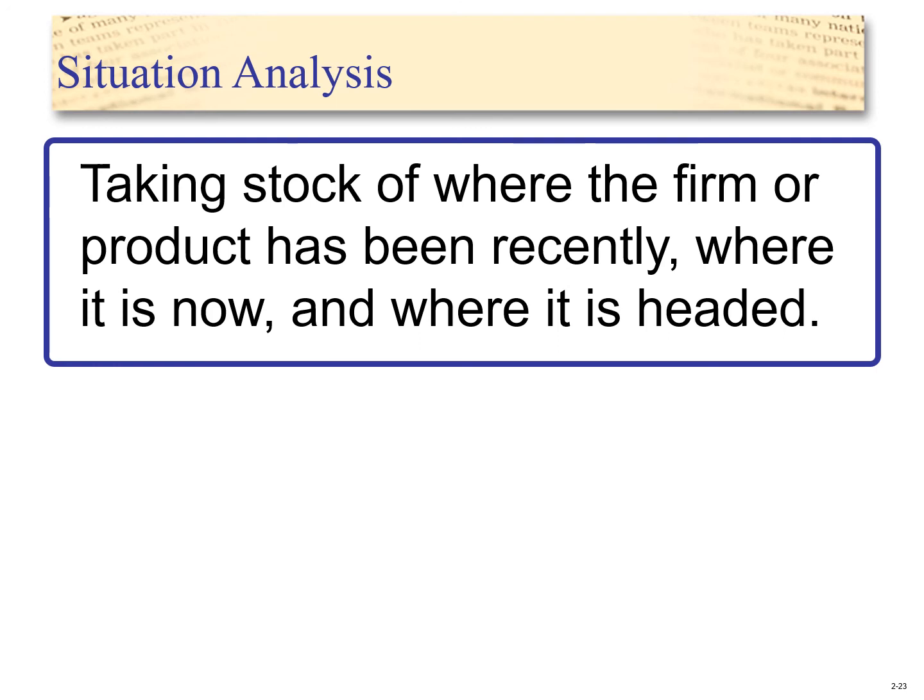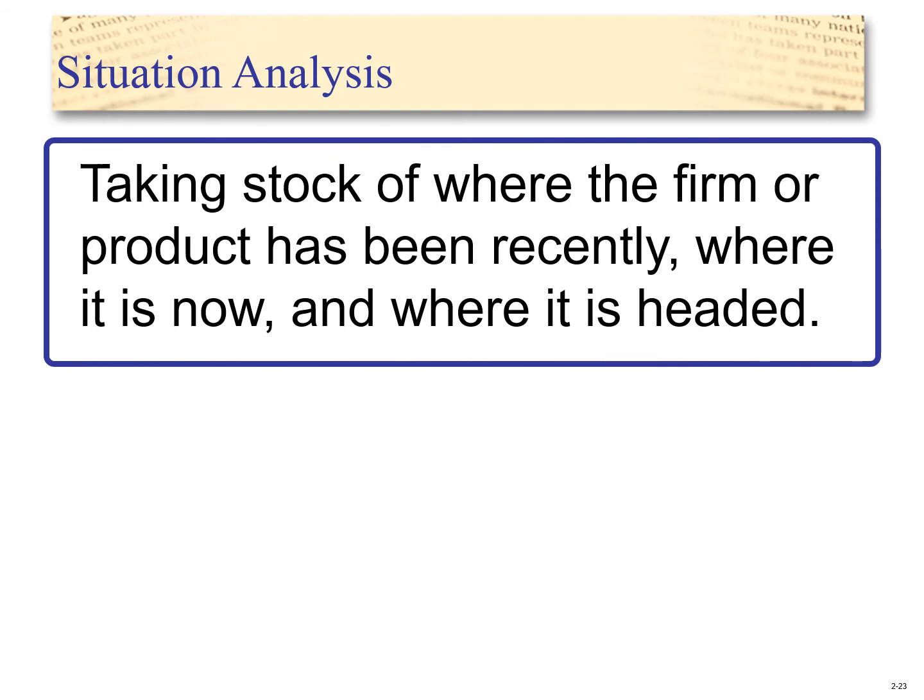So taking stock of where the firm or product has been recently, where it is now, and where it is headed. You analyze the past, present, and future of the firm or the product in question.